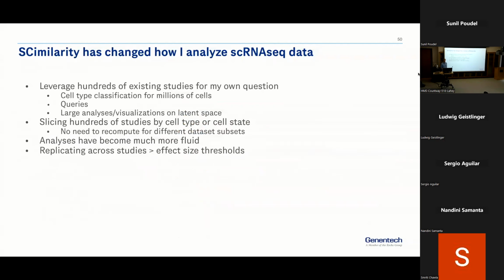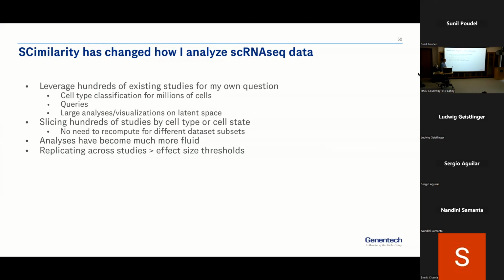But I will say, using all of these data sets together has really changed how I look at single cell RNA-seq data. I think it's really exciting to take hundreds of public studies and squeeze all of that information out and apply that to my domain, whether that be a rare disease that you don't have much information for, or ILD that we actually have a ton of data sets for.